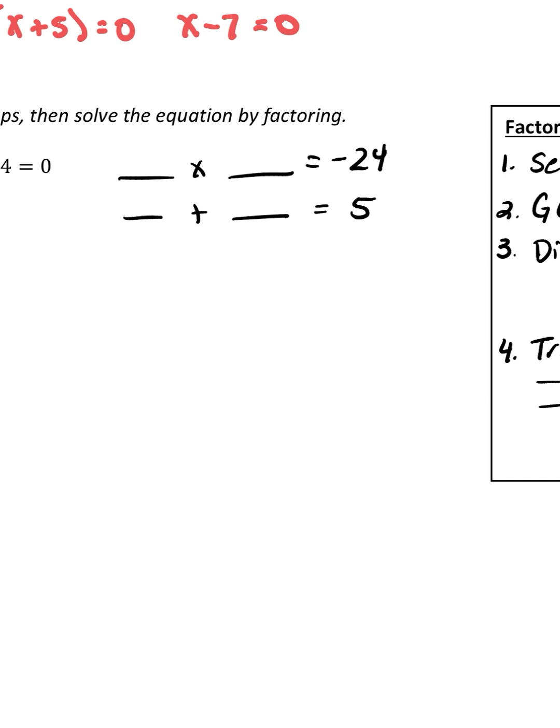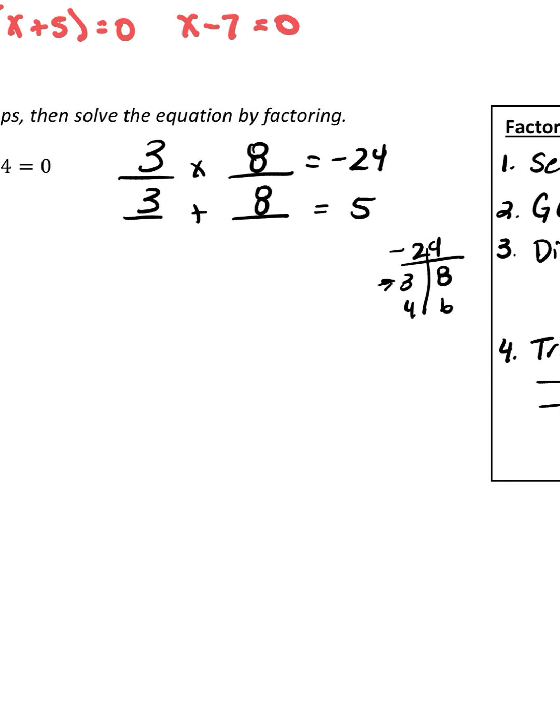Okay, well, use your factor sheet to figure out factors of 24. I know I could do 1 and 24, 2 and 12, 3 and 8, and 4 and 6. Okay, all of those are factors. But when I look at 3 and 8, I'm thinking that is our best fit here.